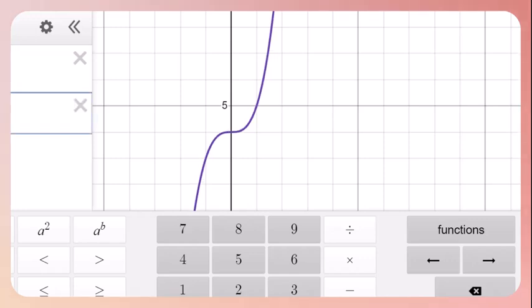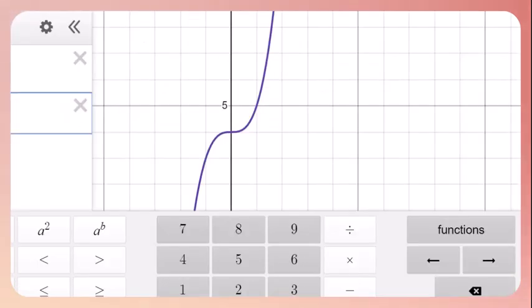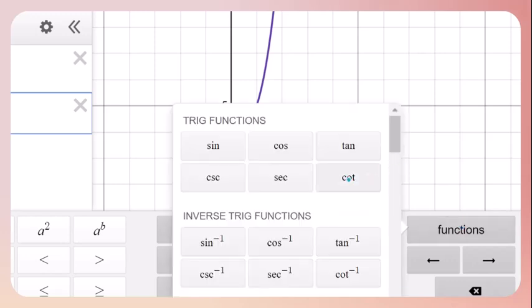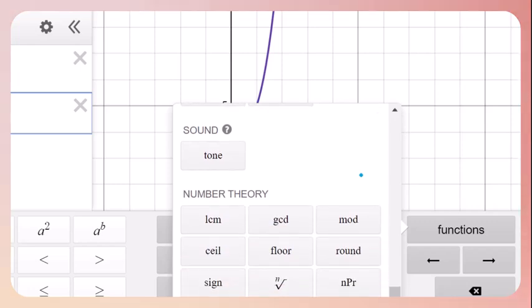And then I'm going to graph y equals, you don't see me typing in the equation. Let me get the equation again. Cube root of x minus 2. All right, now I need to get my functions. I need to go down to cube root.